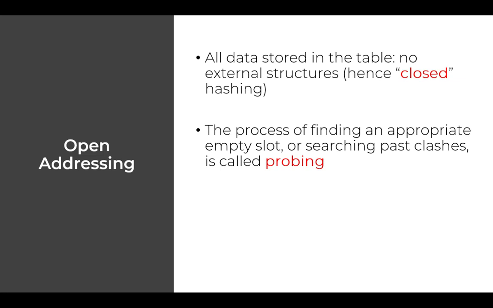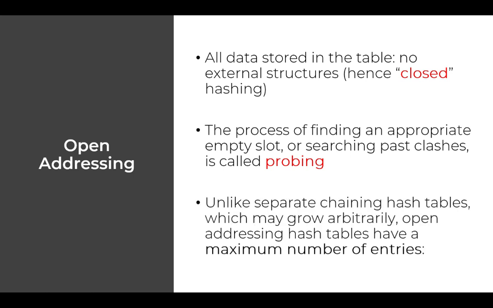Note that we need a special value to represent an empty slot as well. If there are no empty slots, then an error occurs: the table is already full. Unlike separate chaining hash tables, which may grow arbitrarily, open addressing hash tables have a maximum number of entries.